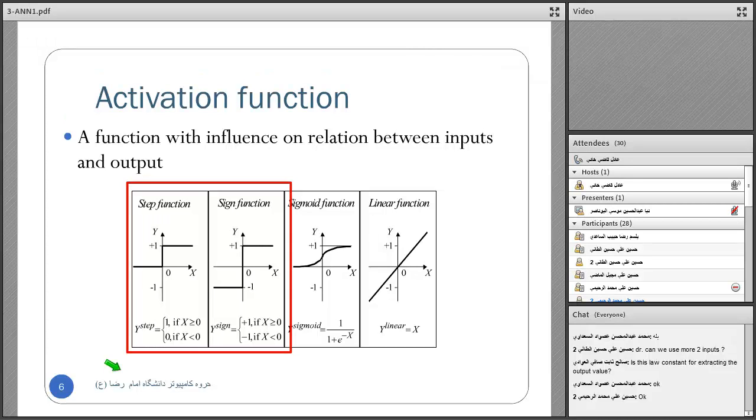In the perceptron, the activation function is usually the sign function. This is the sign function you see.